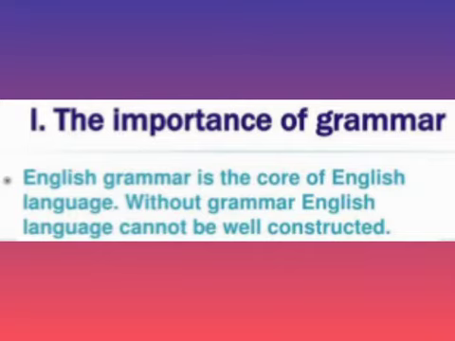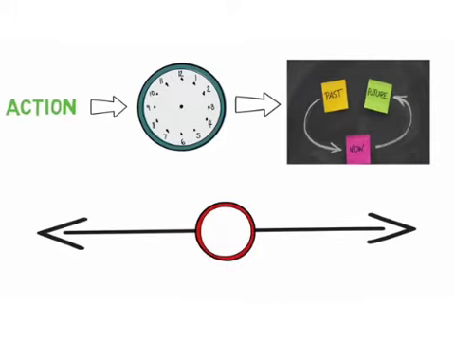A tense is a form of verb that indicates the time or state of an action or event. Tense is a category that expresses time reference, that is present, past and future. Tenses are shown by using different forms of verbs.